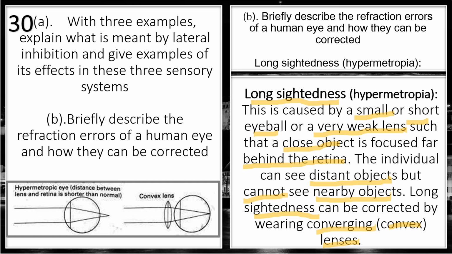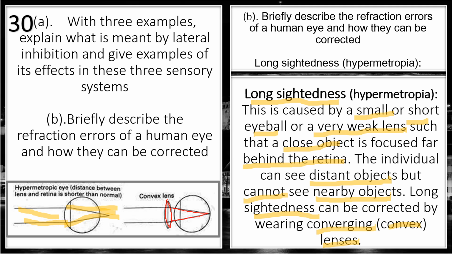So when light rays are coming from nearby objects, they are going to be focused behind the retina. So what we are going to do is put a converging lens so that they can be converged and then focused on the retina.